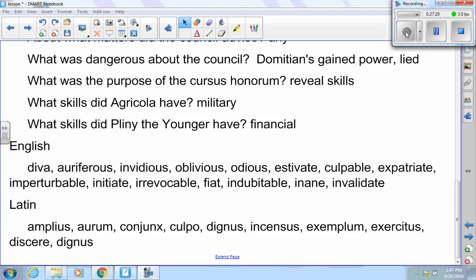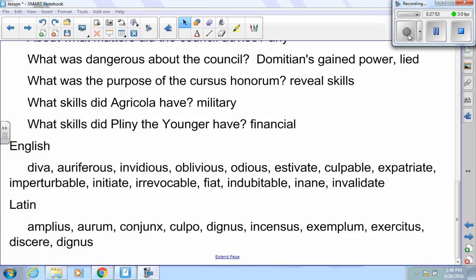The rest of these have to do with Latin and English as far as derivatives are concerned. Amplius is going to be associated with amplifying or making something bigger. Aureum is going to be associated with gold. Conjunx is going to be associated with something to do with marriage. Culpo is blame. Dignus is worthy.